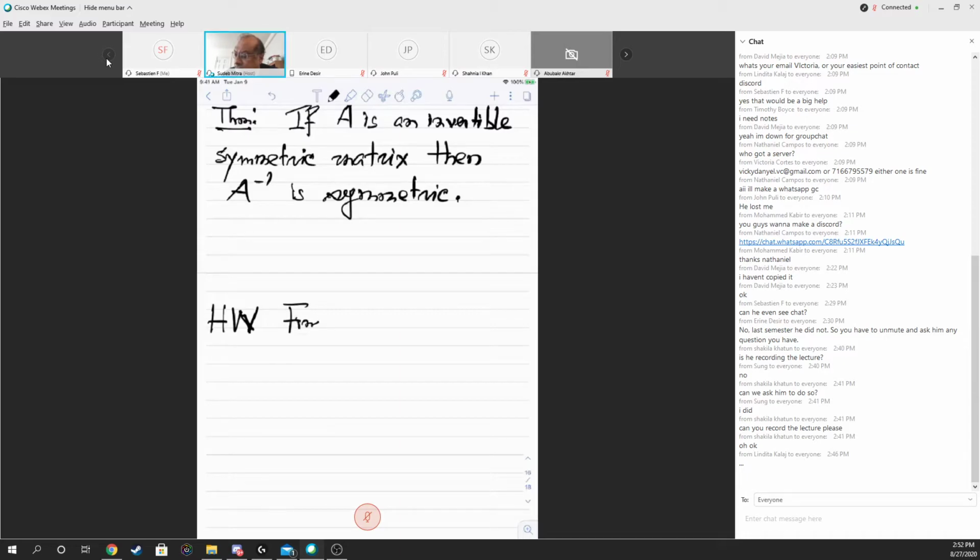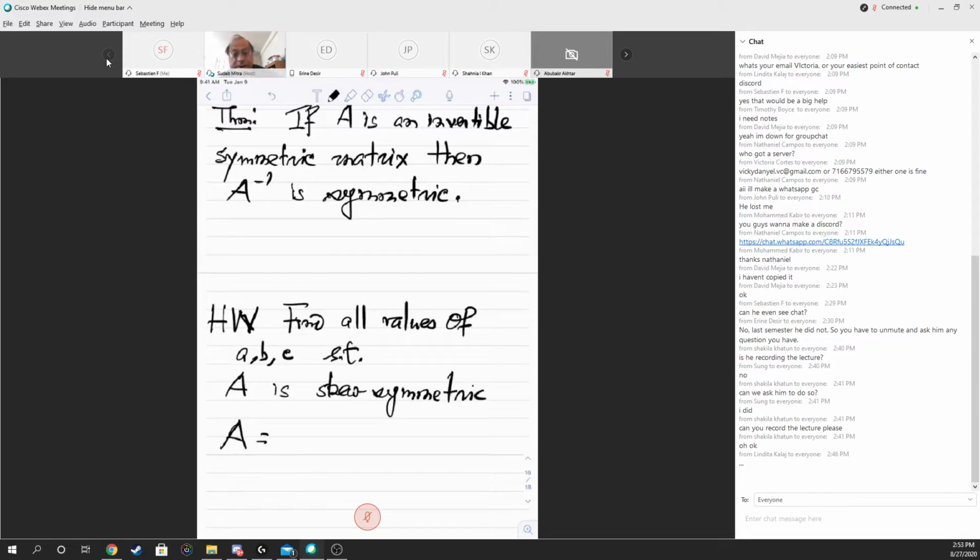Find all values of A, B, C such that A is skew symmetric, whose definition I gave you. Here is this matrix. Oh, no, I have not talked about 3 by 3. No, so drop it. Drop it now. Drop it. I want to give you a few more homework problems.